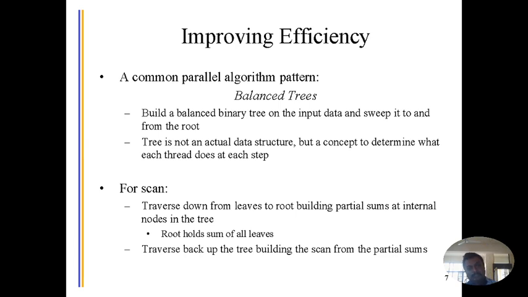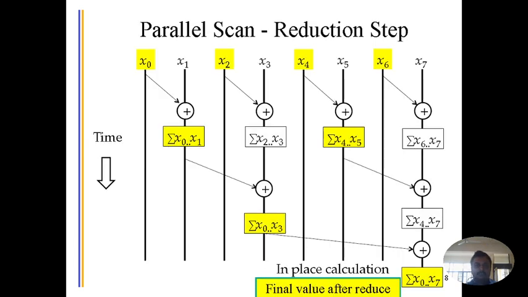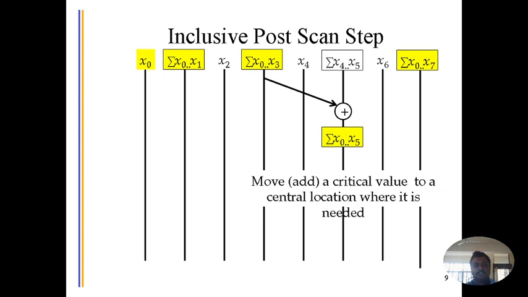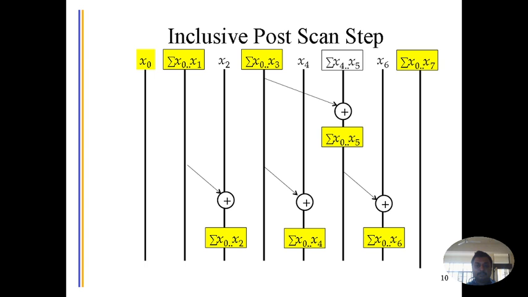So what were the patterns? Balanced trees, and with respect to balanced trees, we want to do a reduction step, then a post scan step. So intermediate summations, whatever is produced, can be utilized or forwarded to the further computations, so that it can ease the computations. Fine. So with respect to the 7 elements or the 8 elements, here we showcase the mid elements. Whenever you are dividing, the mid element is normally said to be the extremities.